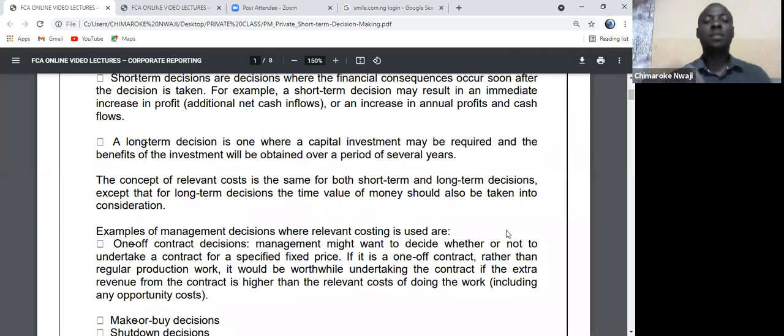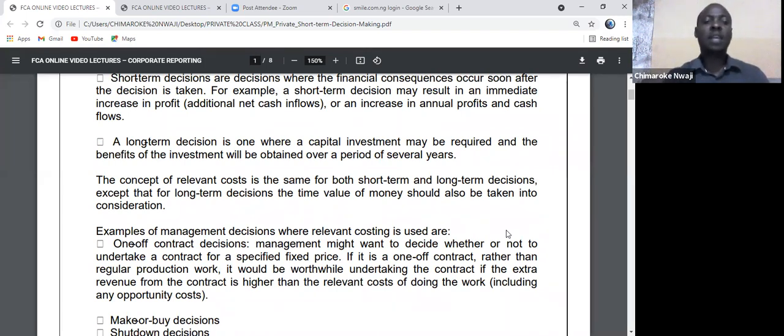But for long-term decisions, you want to concern yourself with it. For example, you are buying an asset which will last up to 7 years. So you want to think, what is that inflow I'm going to get in 7 years' time? What is the present value of it? With that, you're talking about the time value of money.